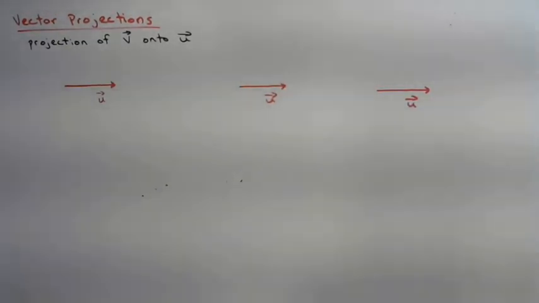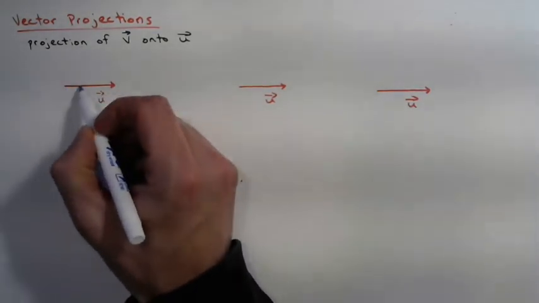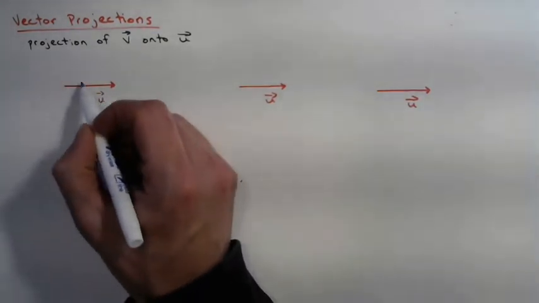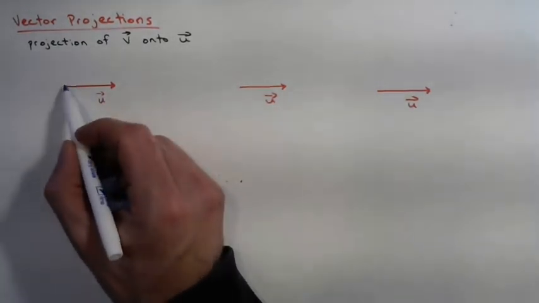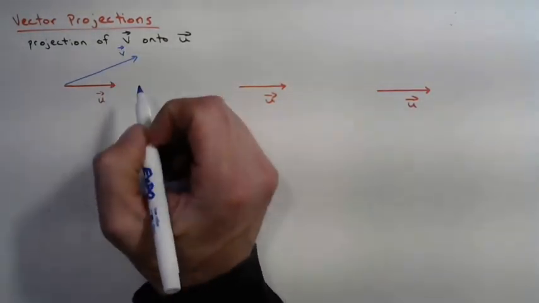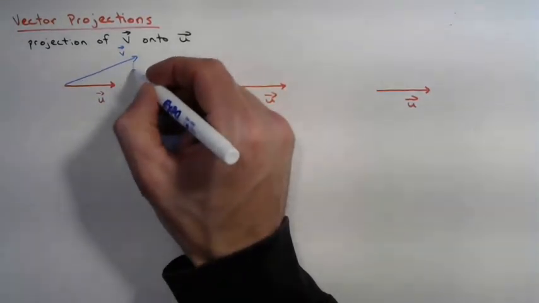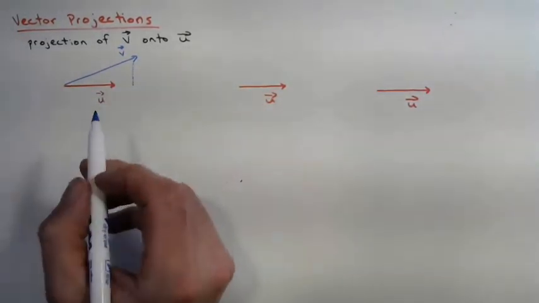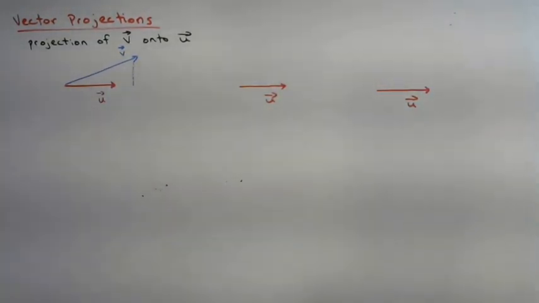And there's kind of 3 options that we would want to talk about. I can take vector v, and if the angle between u and v is anywhere between 0 and 90 degrees, let's say v looks like this, then the projection of v onto u is the component vector of v in the direction of vector u.